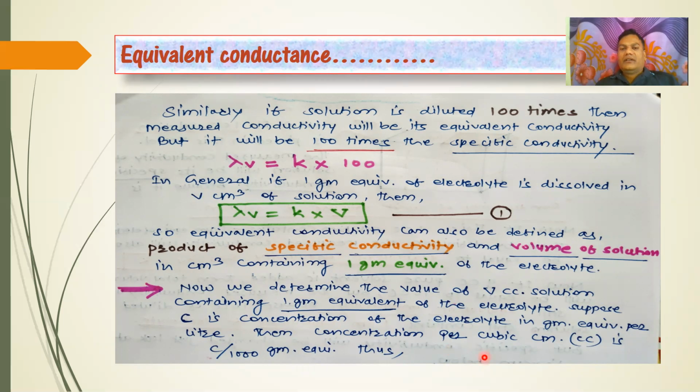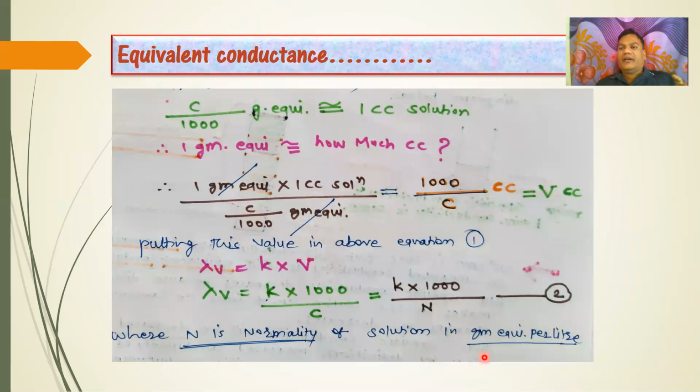So thus in the next slide you can see here C by 1000 gram equivalent is equal to 1 cc solution. Then 1 gram equivalent is equal to how much cc? So you simply take cross multiplication of these two quantities and divide by the left hand side quantity.